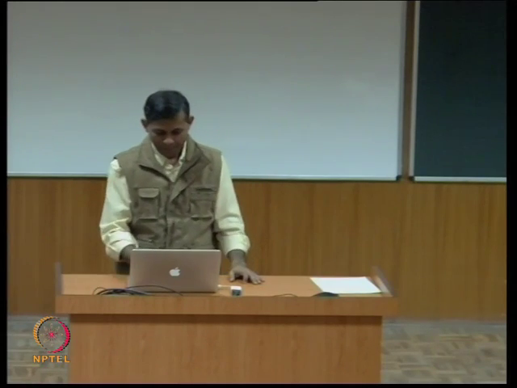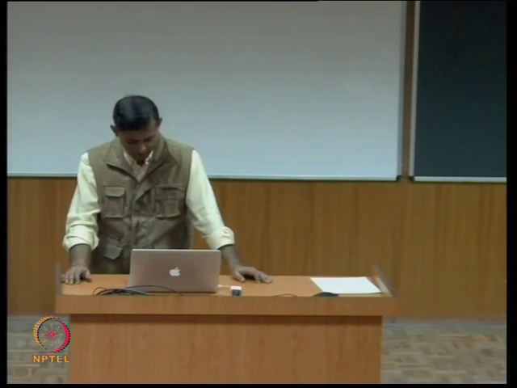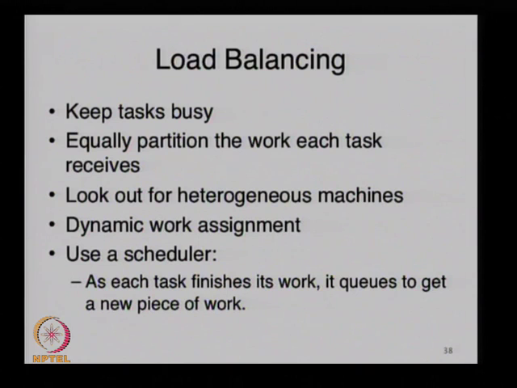All right. For load balancing, we'll go one level deeper for each of these slides very soon. But at a high level, your job for load balancing is to keep every processor occupied all the time.